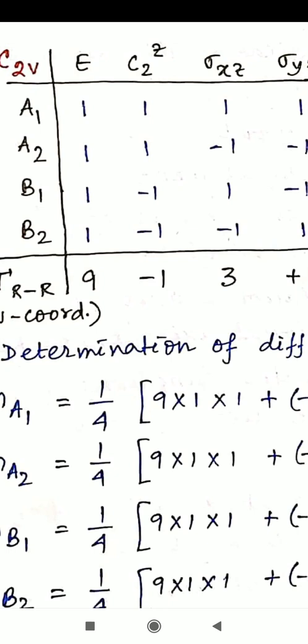In case of A1 and A2, the C2Z is +1, and in case of the Mulliken symbol B, you just look at the C2Z, that is -1. Is it clear? I think so. If the C2Z is +1, then we have to write A, and if the C2Z is -1, then we have to write B. Okay.